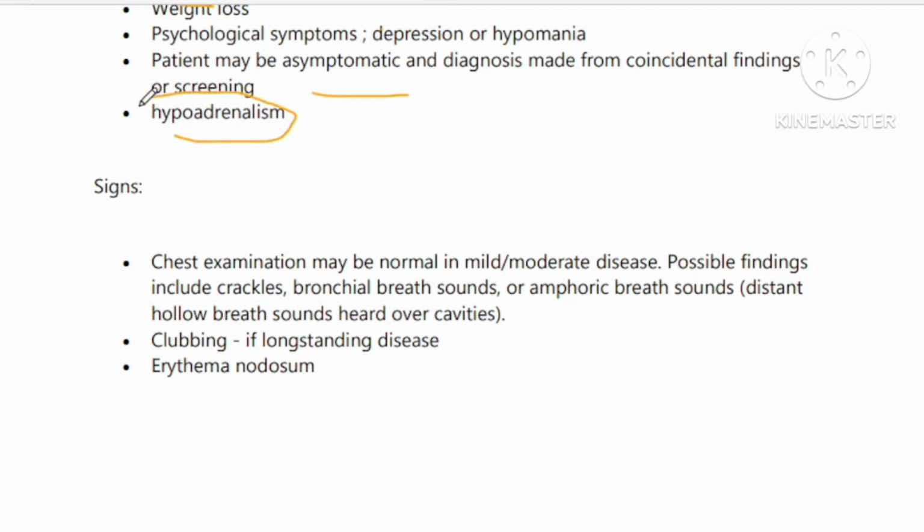And hypoadrenalism. Remember this point, this is also important because most of the time the patient who has disseminated TB, or a first-time patient, may present to you with an Addisonian crisis, because adrenal glands are mostly infiltrated by TB and that causes secondary immunodeficiencies.